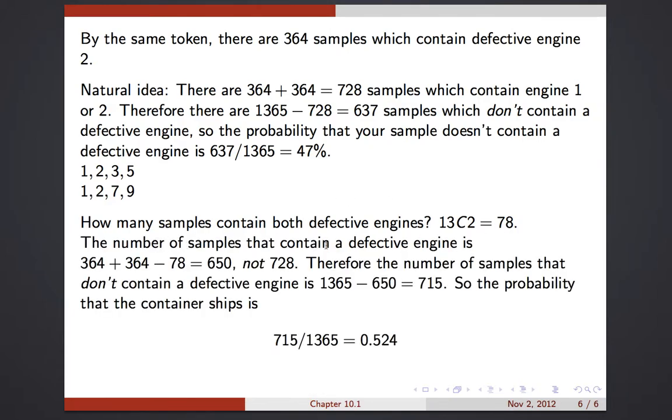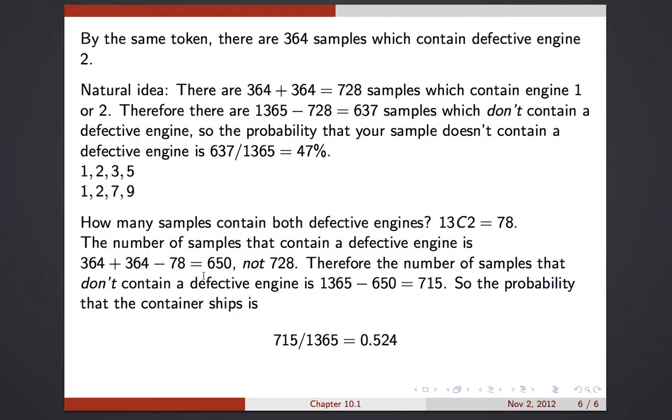Therefore the number of samples that contain engine 1 or 2 is 364 plus 364, but now let's subtract off the stuff we double counted to make our counting accurate, which equals 650 now, not 728 as we had up here, where we didn't take this double counting into account. So there's 650 samples that contain either engine 1 or engine 2.